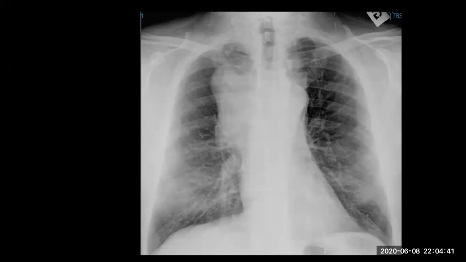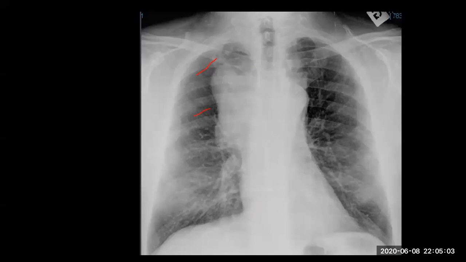Okay, no, that is wrong. This is a mediastinal mass. Why is it a mediastinal mass? Because of the silhouette sign.